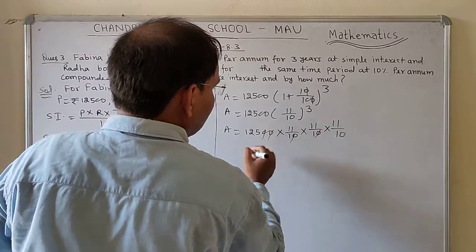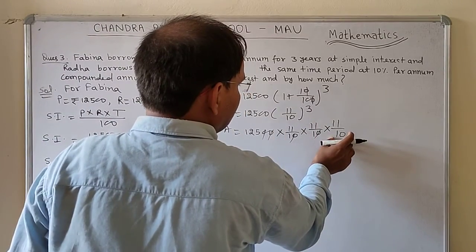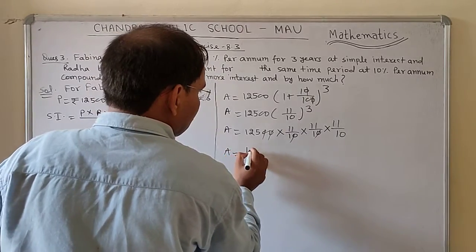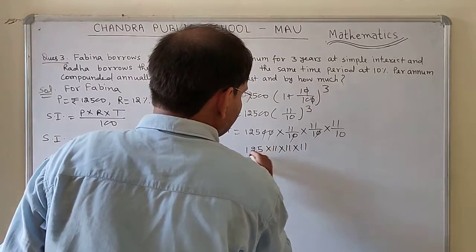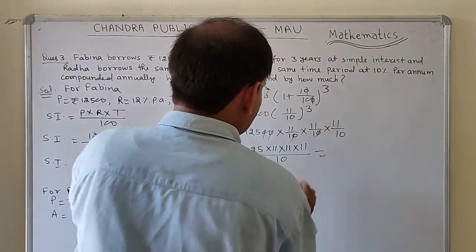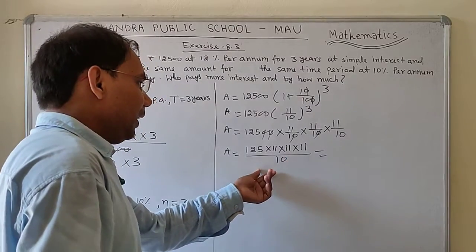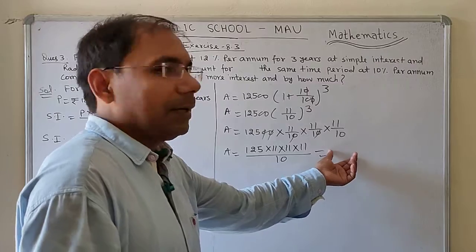So here these two zeros will be cancelled. Now you need to multiply it and put the decimal after one place. Here 10 is there. So A equal to 125 into 11 into 11 into 11 upon 10. So kindly multiply this and it will be divided by 10. I am also going to multiply on rough.